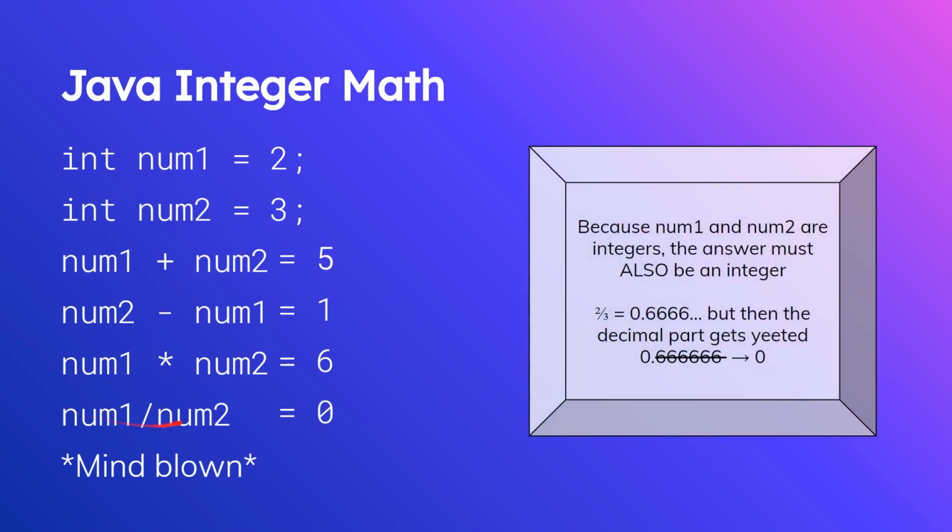This is because num1 and num2 were originally integers, so your result also has to be an integer. 2/3 is 0.666, and so this entire portion after the decimal just gets cut off, and you're left with 0. It doesn't round up like we normally would. It just cuts off.